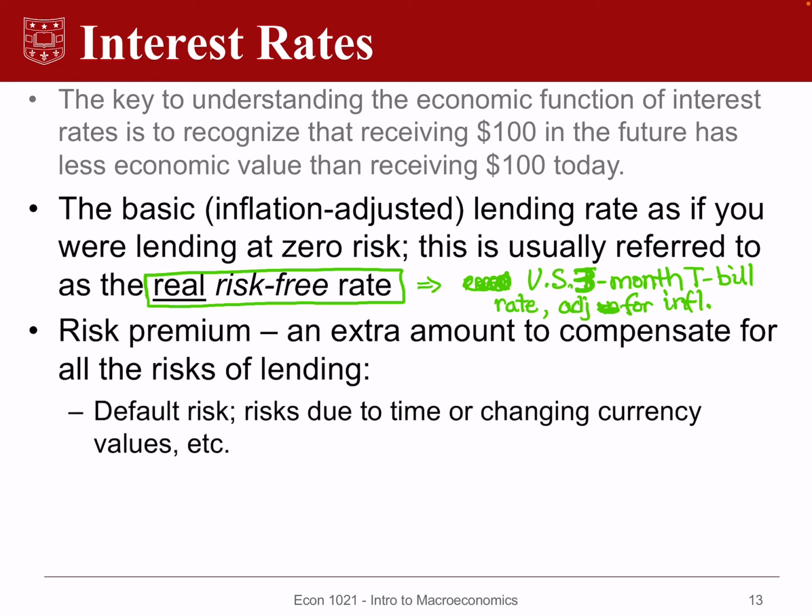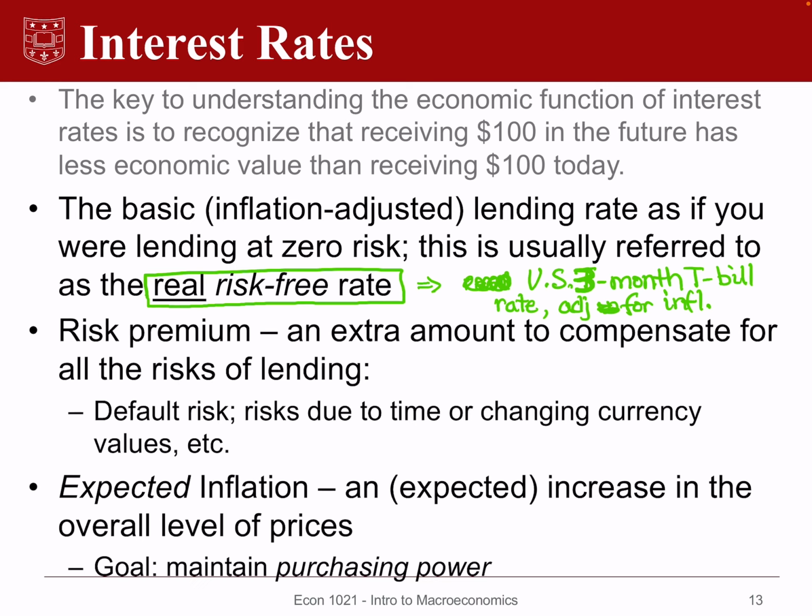Generally speaking, the longer the duration over which a borrowing and lending arrangement occurs, the more risky it is, other things equal. And certainly if we're dealing with transactions that cross countries, where you have a risk that currency values can change, that's another element of risk in a borrowing and lending relationship.